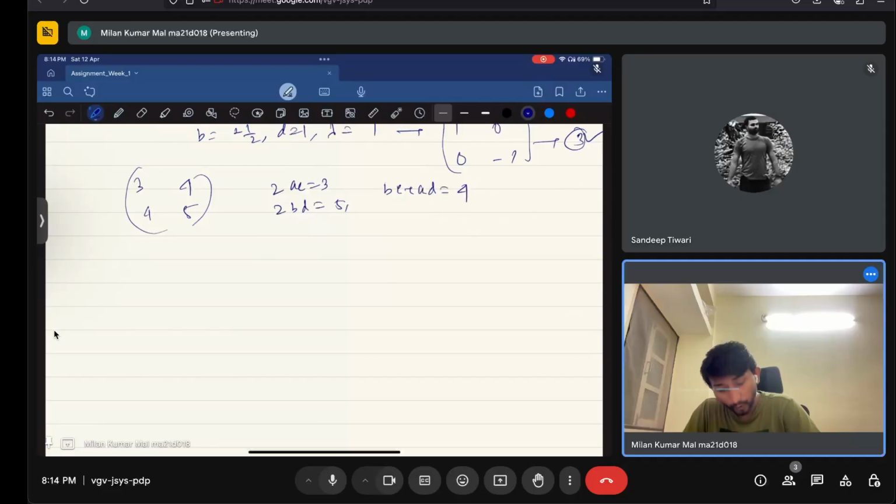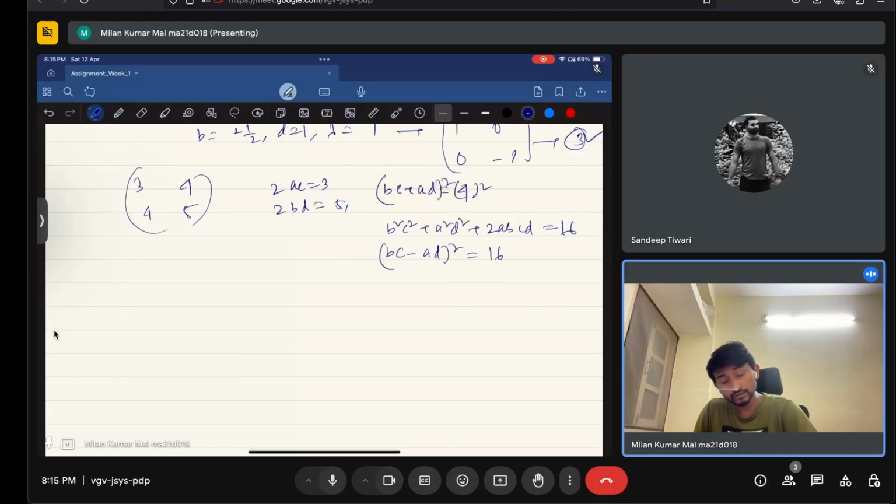So if we square here, what we'll get is B squared C squared plus A squared D squared plus 2ABCD, that equals 16. So we just want to write it in terms of (BC minus AD) squared, that is minus 2ABCD, that equals 16 minus 2ABCD, right?